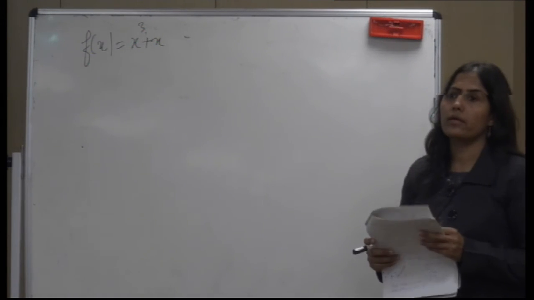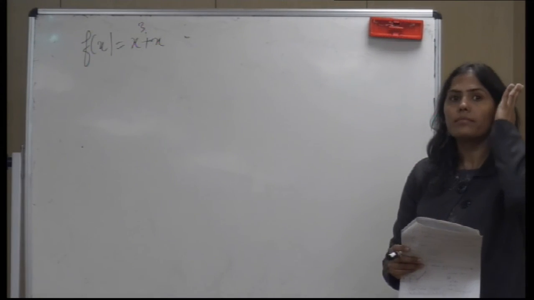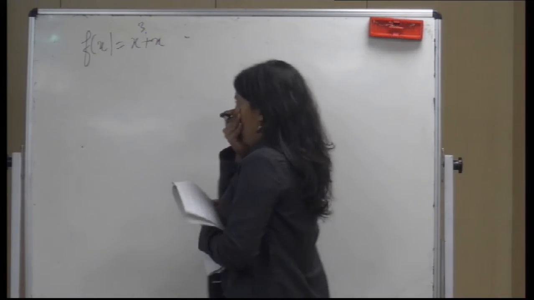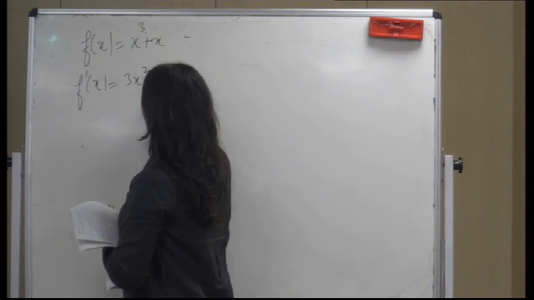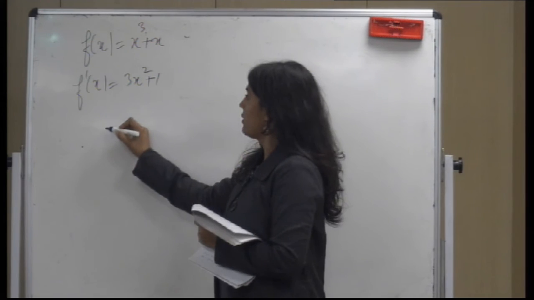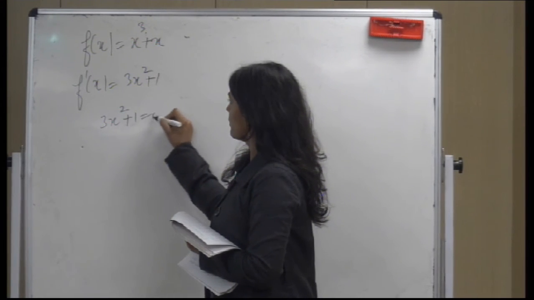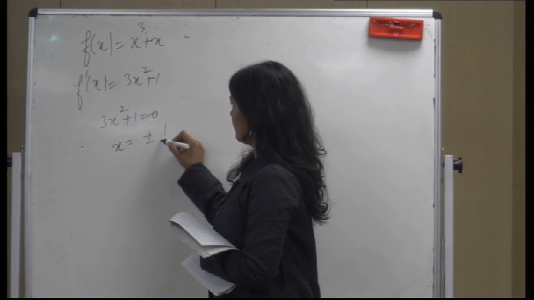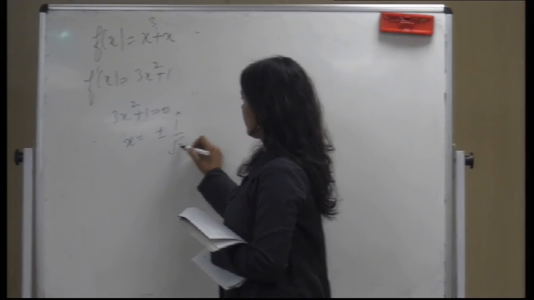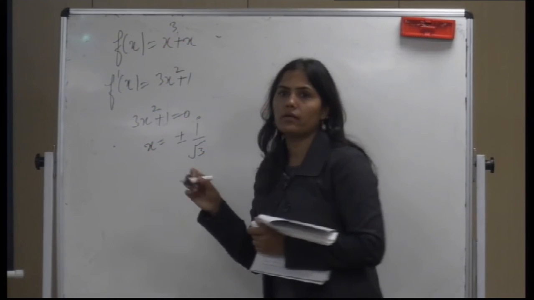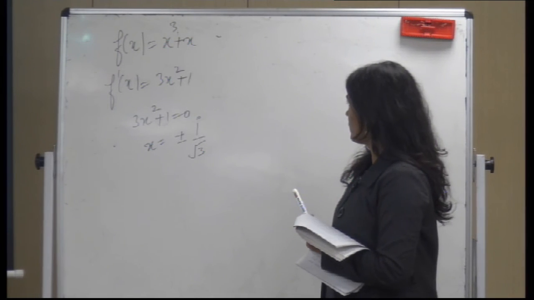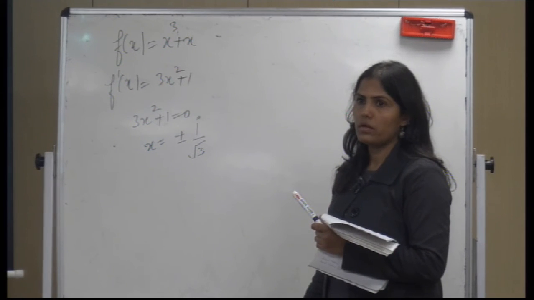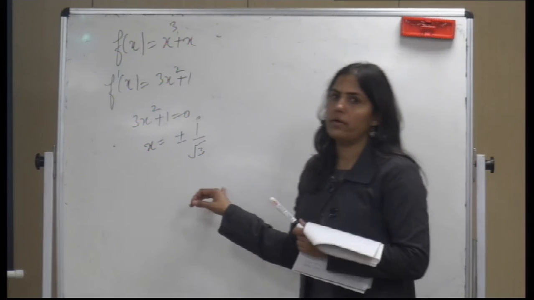What values are you getting? So plus minus iota by under root 3. This is fine, na? What's the problem here?